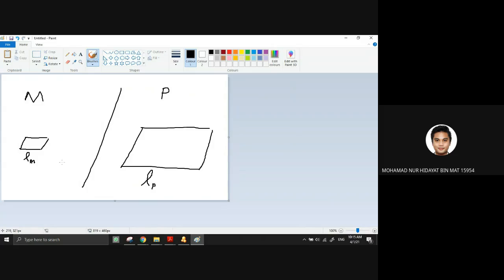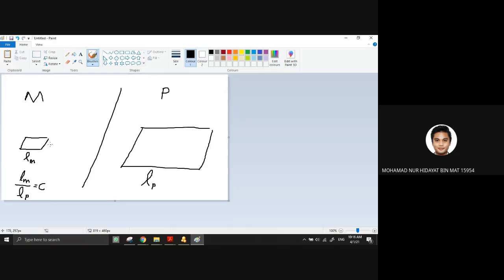The geometric similarity means the length of the model over the length of the prototype is constant. For example, your constant is 3, the number 3.